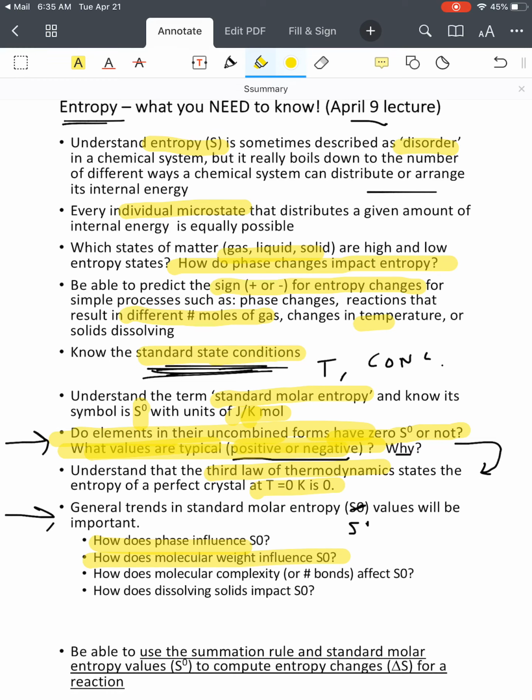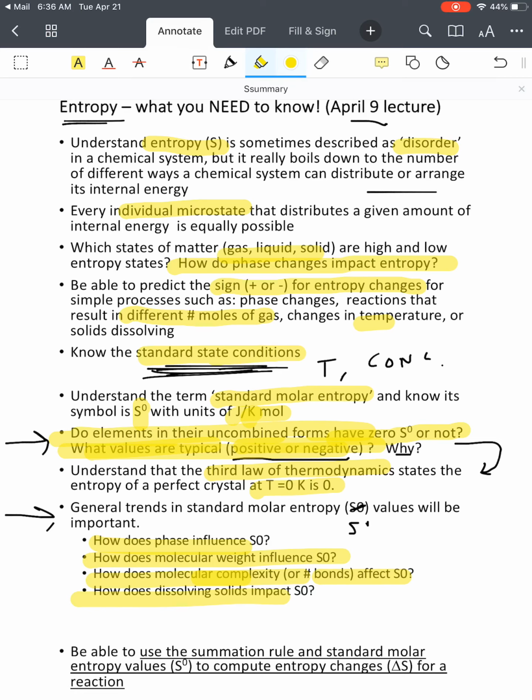Turns out it increases it. What about molecular complexity? If I have a complicated molecule with many bonds between atoms, how does that affect my S0? Turns out more complexity increases my S0. What about dissolving solids? If I take a solid, a crystalline substance, and dissolve it in water, what impact does that have on the S0?